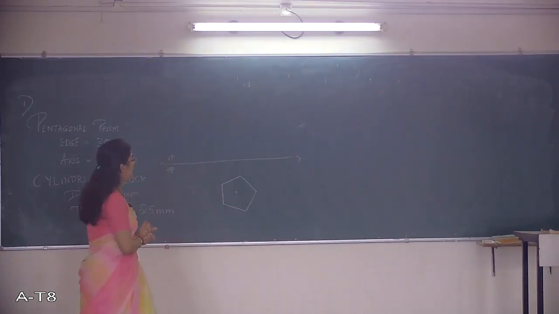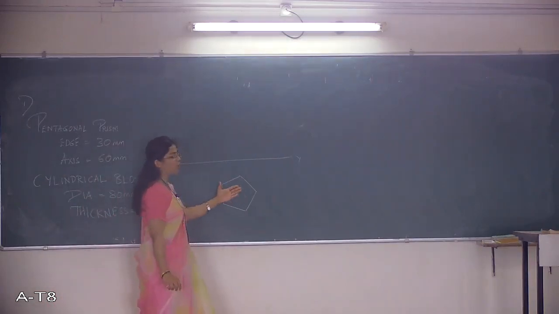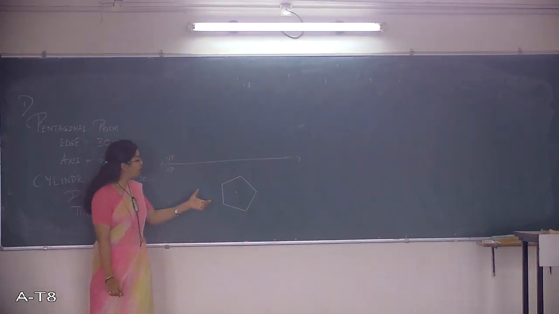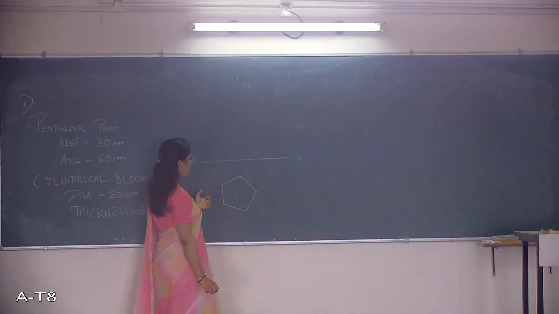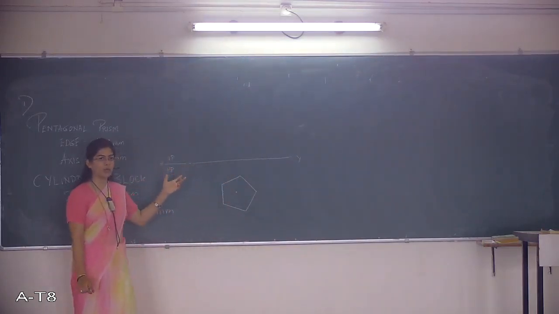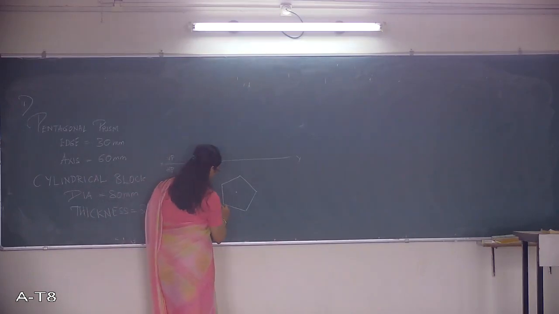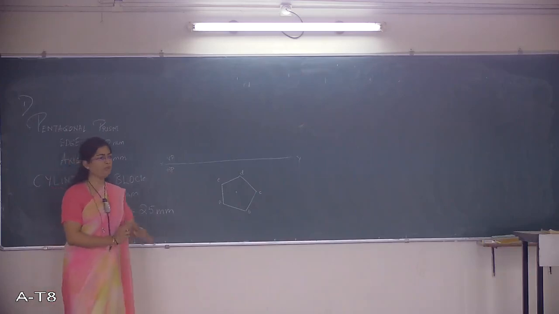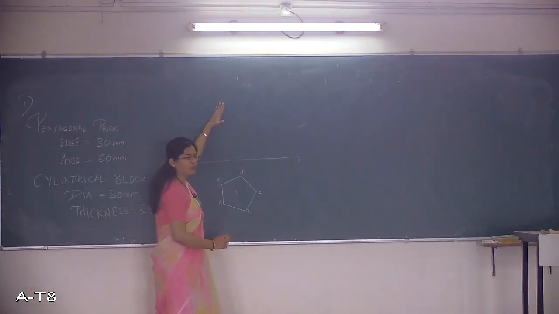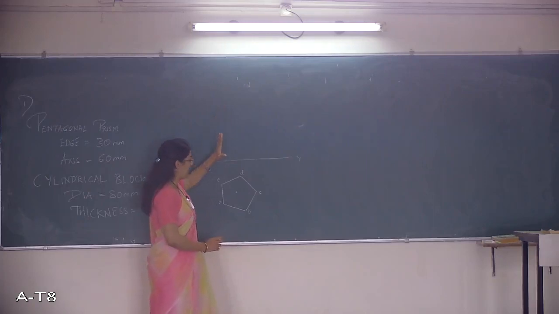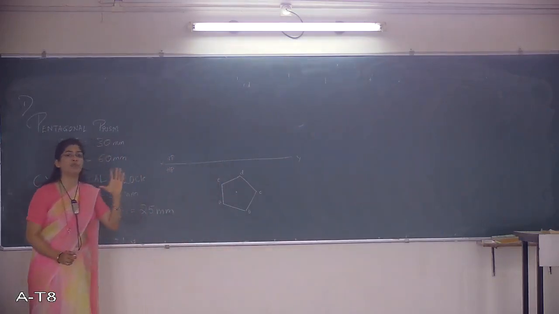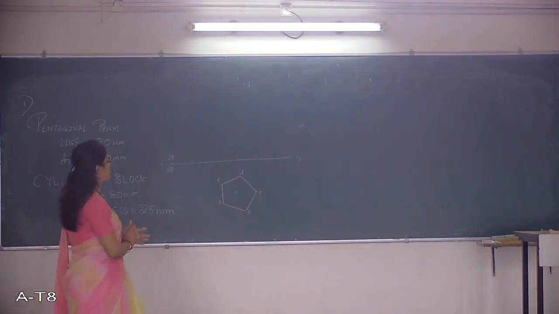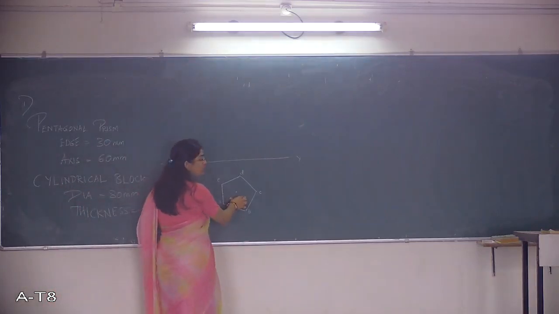This prism is going to have the top face and the bottom face. The top face is overlapping on the bottom face. We can label these with alphabets A, B, C, D, E. So this is the pentagon. Before I proceed to getting the front view, I will first complete the top view of the combination of solids. So this is the pentagonal prism in its top view.